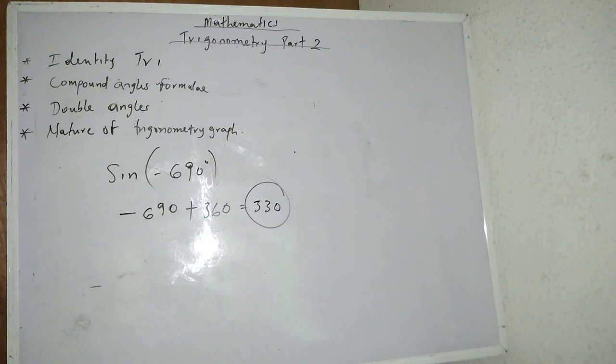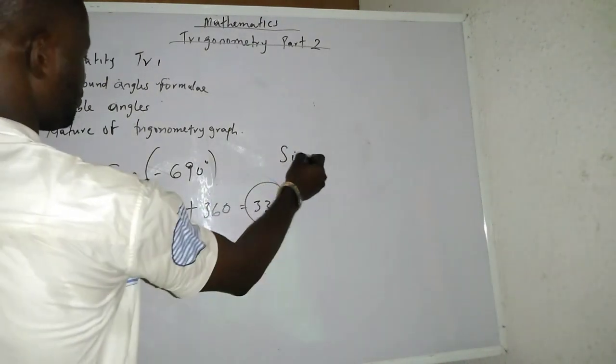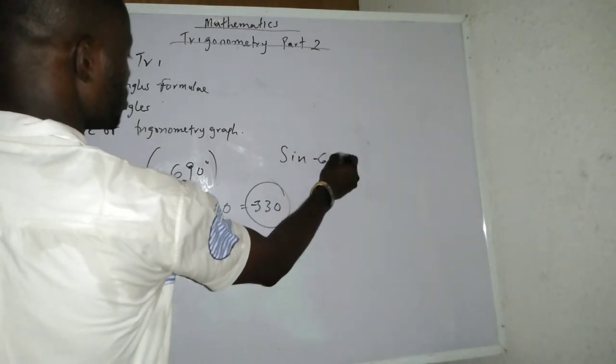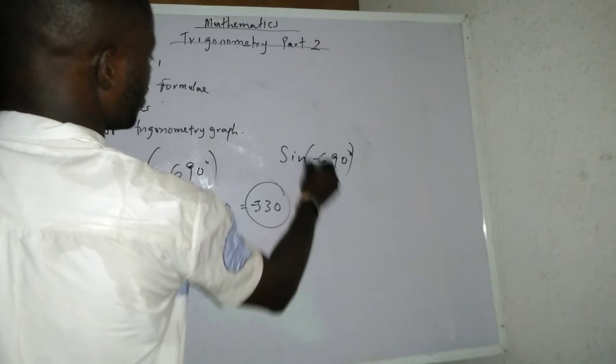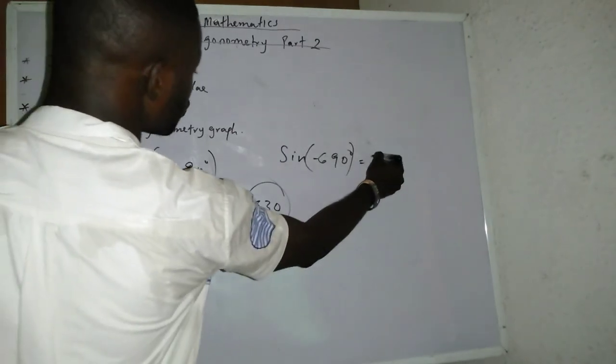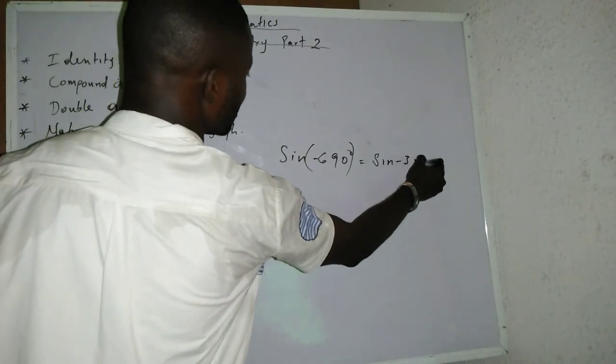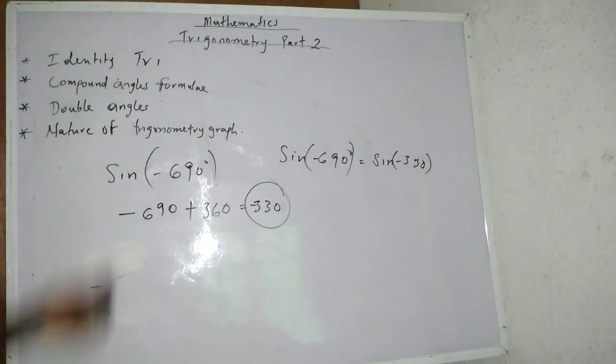Now, 330 degrees is in the range of 0 to 360. So I can say sine of minus 690 degrees, which is out of range, equals sine of 330 degrees. What about the quadrants?